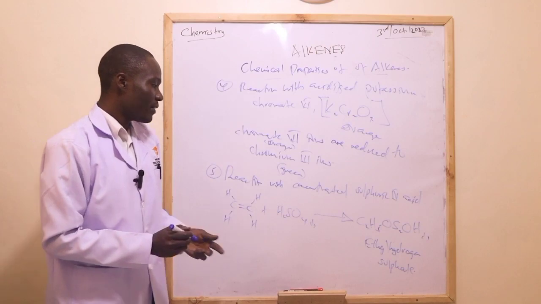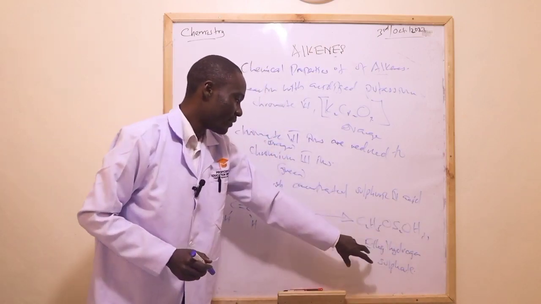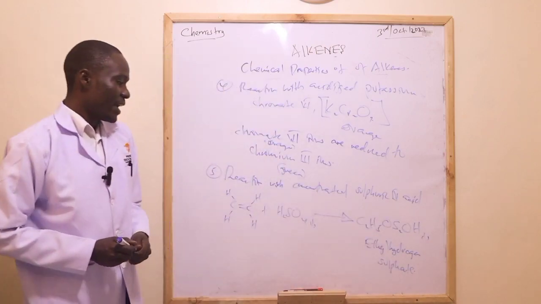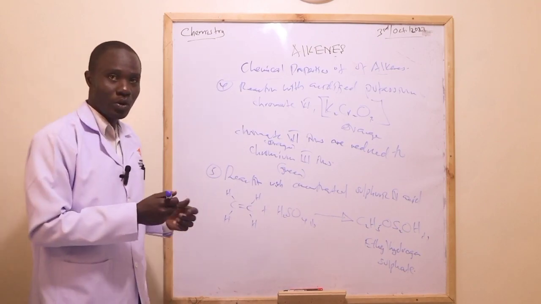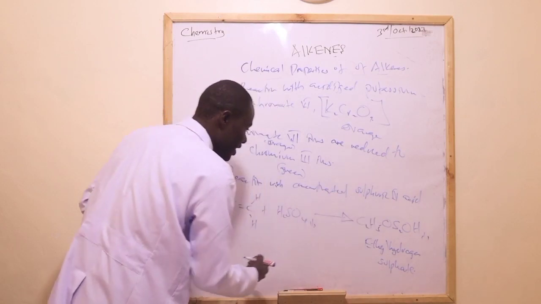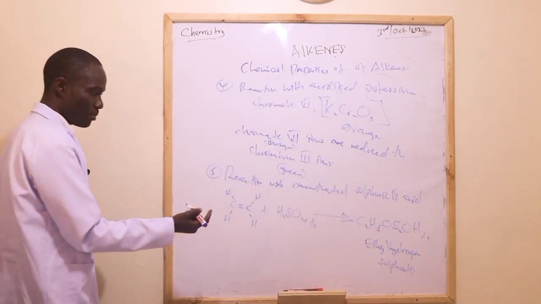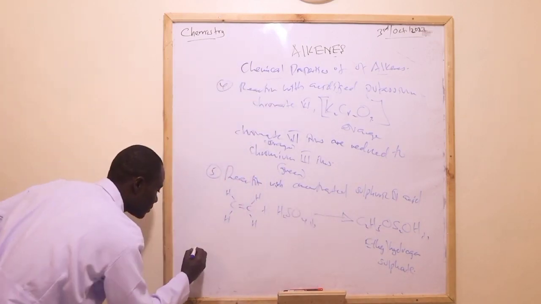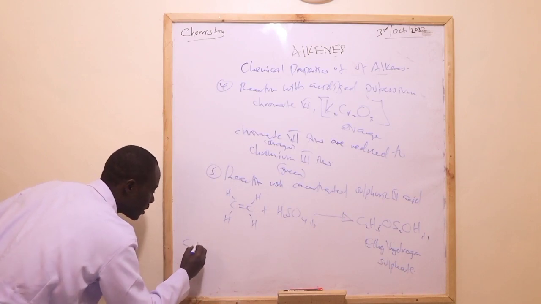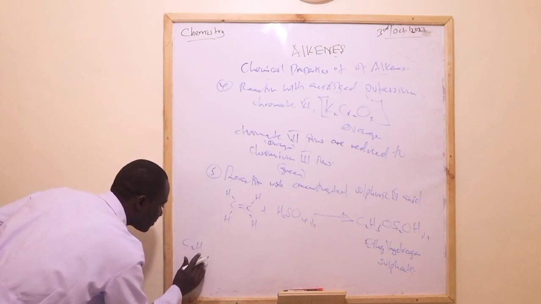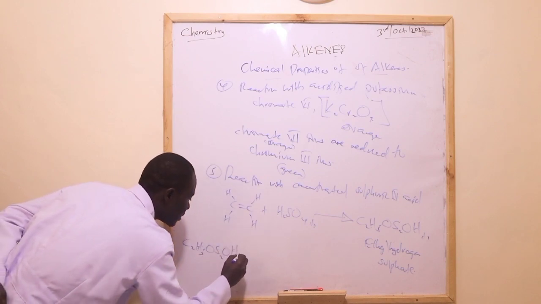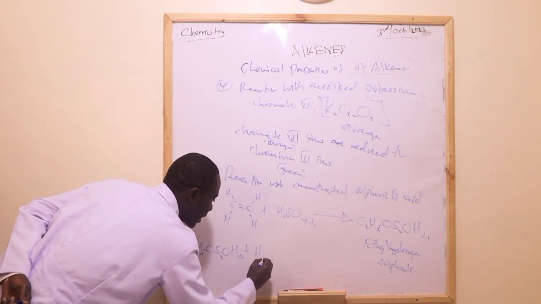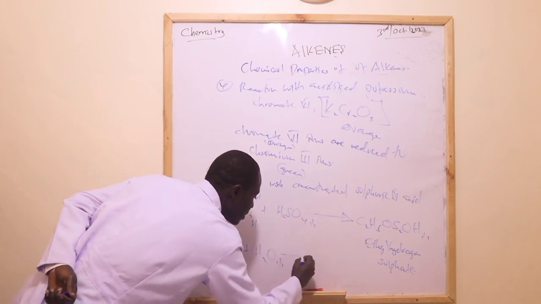The next process, you take the formed ethyl hydrogen sulfate, then you add water into it, then you gently warm.